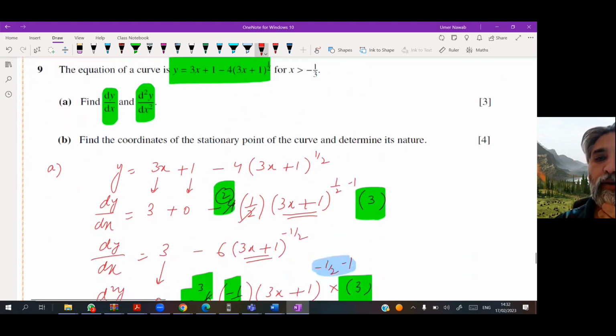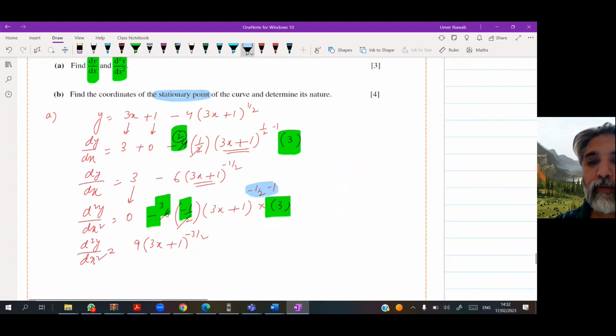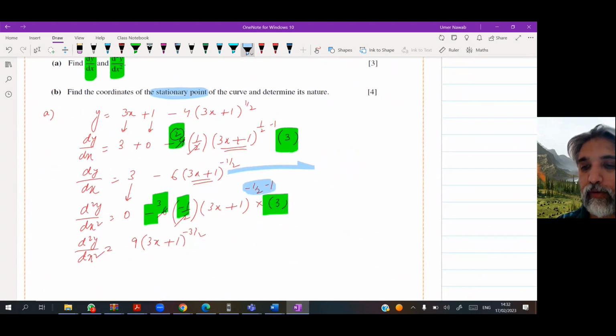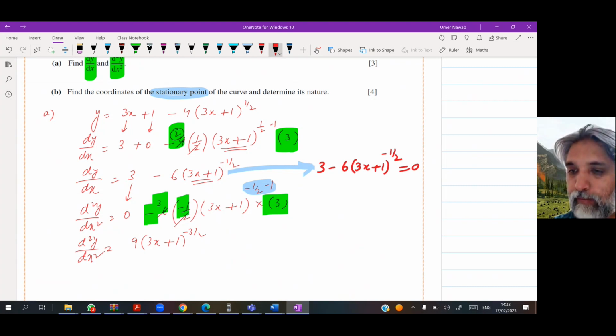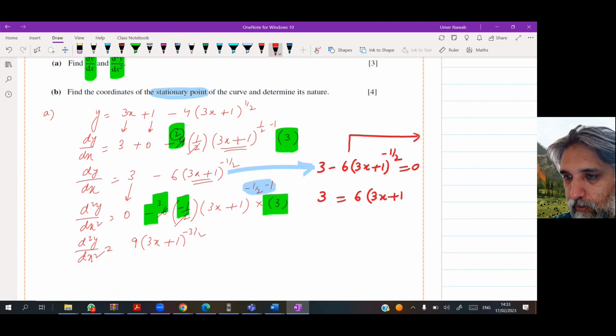So this is my second derivative. Next thing is he's talking about the stationary point. Stationary point tells you that we have to put the first derivative equal to 0. I'm going to put 3 minus 6(3x + 1)^(-1/2) equals 0. Send the minus thing to the other side. So 3 equals 6(3x + 1) raised to minus 1/2.